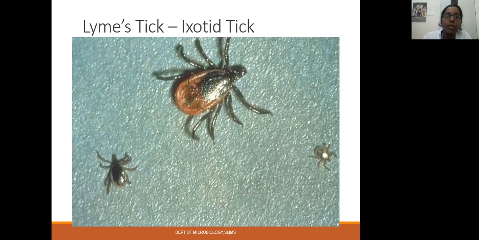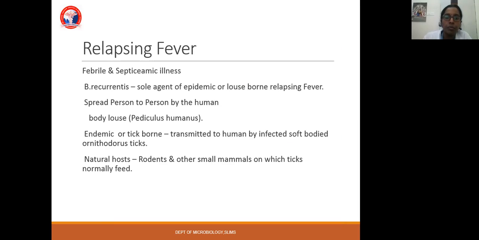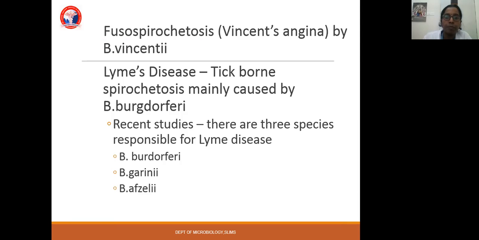The ixodid tick is the main cause of Lyme disease. Vincent's angina is usually caused by Borrelia vincentii.